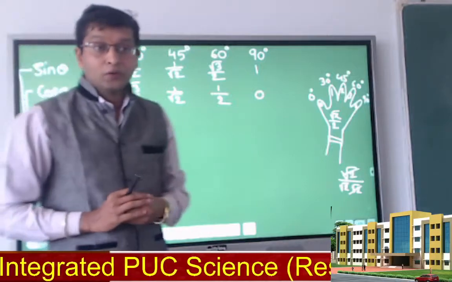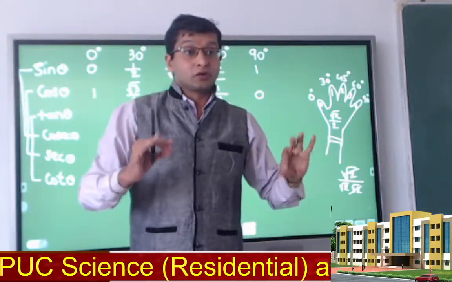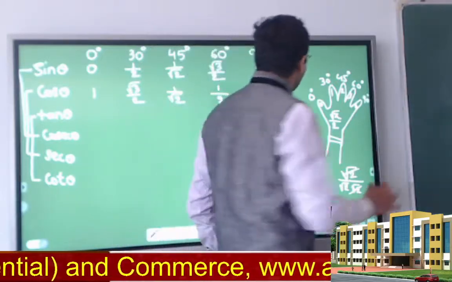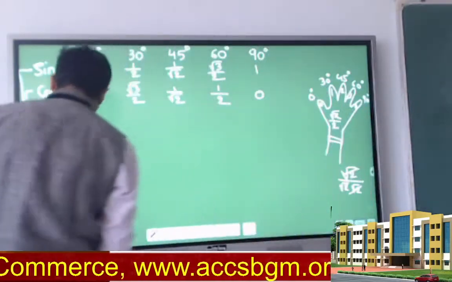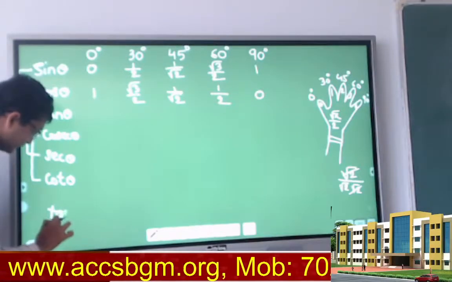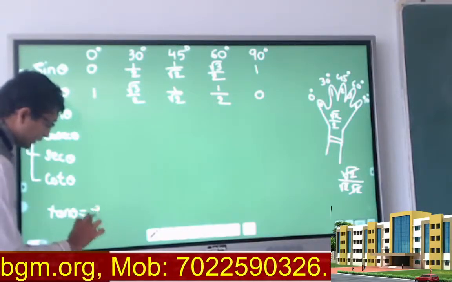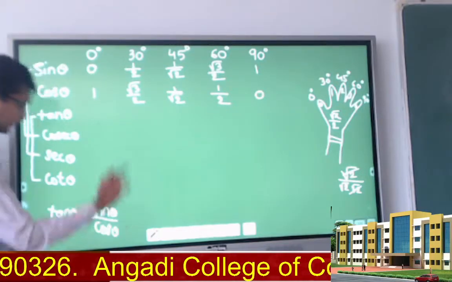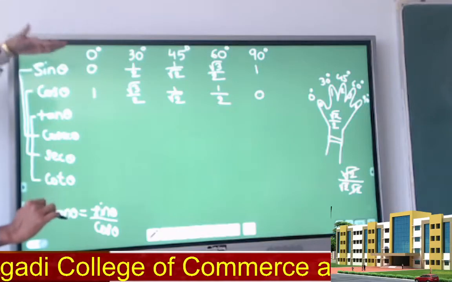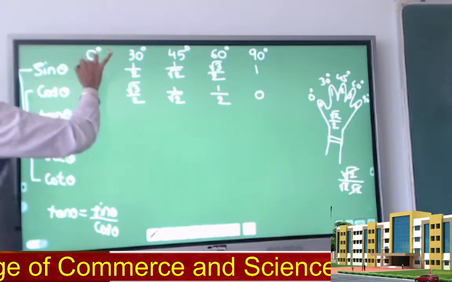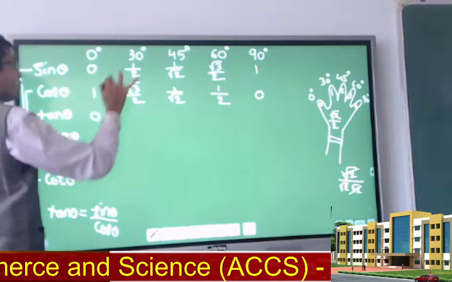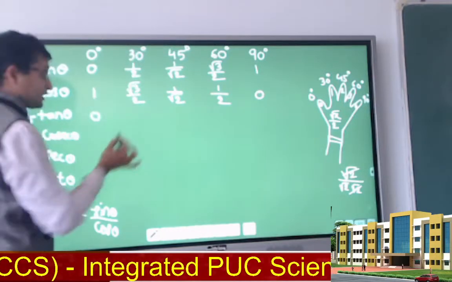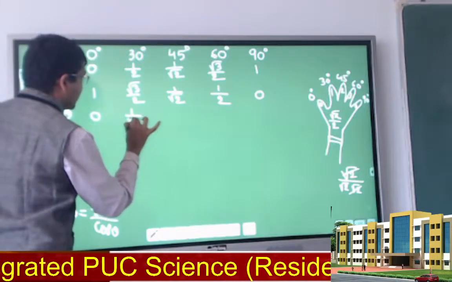Further, now we have to find the values for tan. So tan is very simple. I told you the definition of tan is sine divided by cos. So I am taking the ratio of sine and cos. 0 divided by 1 we get 0. 1 by 2 divided by root 3 by 2: the 2 cancels, we get 1 by root 3.